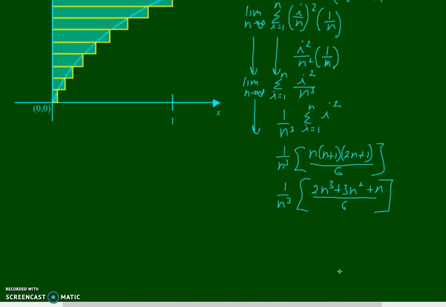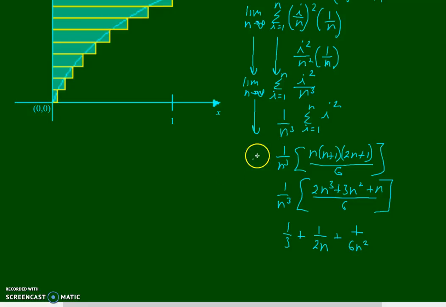And simplifying that further, if we take a look at these two values, the first coefficient is a 2, so that's 1 third, plus n squared over n to the third is 1 over n. 3 over 6 is 1 half. So it's 1 over 2n plus 1 over 6n squared.